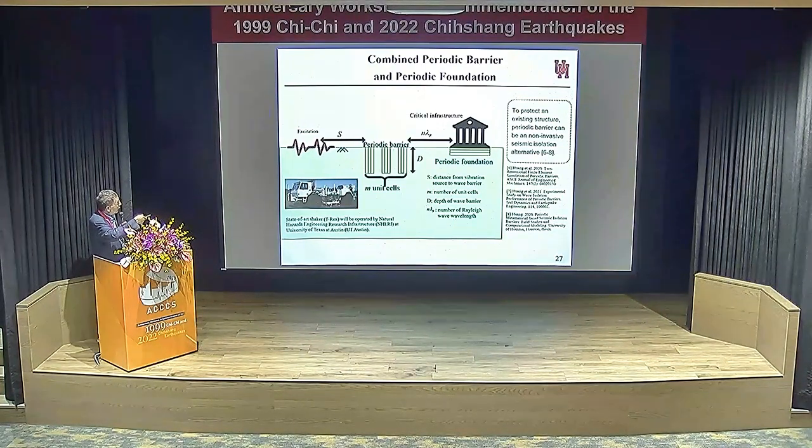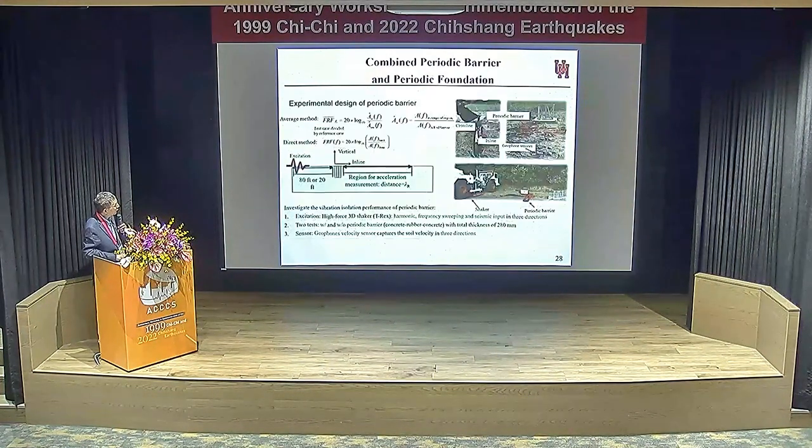When we perform the test, if the vibrator is outside somewhere here, we call it passive testing. If we put the vibrator on the top of the structure, we call it active testing. Okay, now I just want to show you some results due to the time constraint.